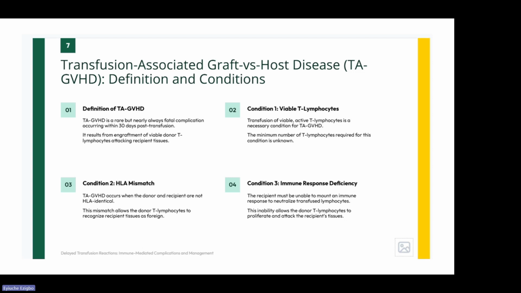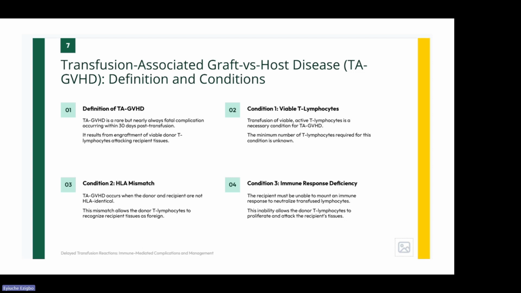The second condition is HLA match. Just like I was explaining to you, we did not cross-match the white cell antigens when we are doing blood transfusion. We only cross-match for red cell antigens. So TA-GVHD occurs when the donor and recipient are not HLA identical. When we talk about HLA, we are talking about human leukocyte antigens.